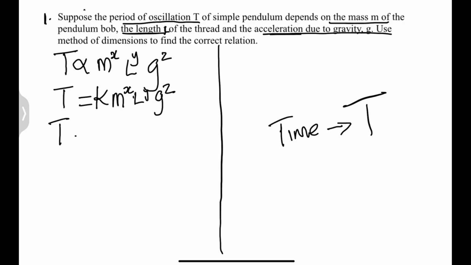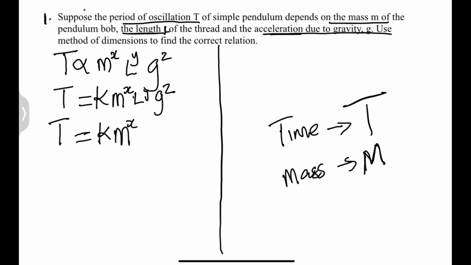So we write equal to k, which is dimensionless, so I'm going to leave k as k. Now m, the dimension for m is still mass, so I maintain my m.